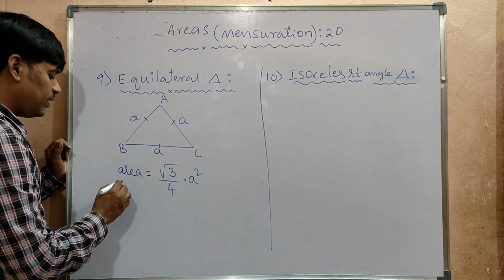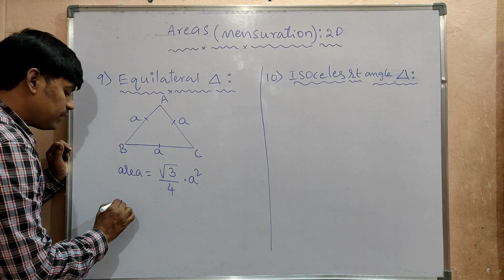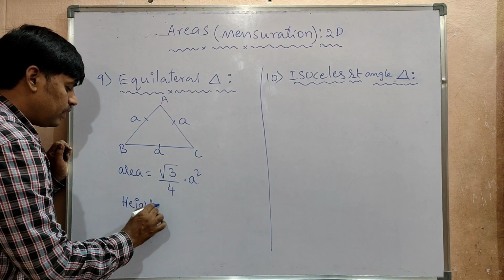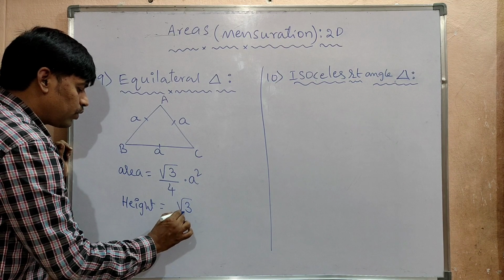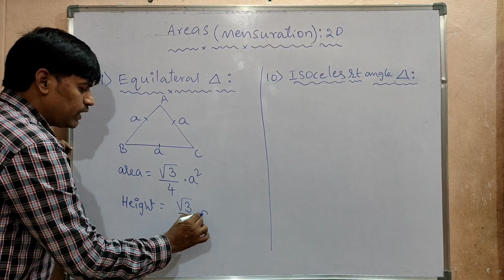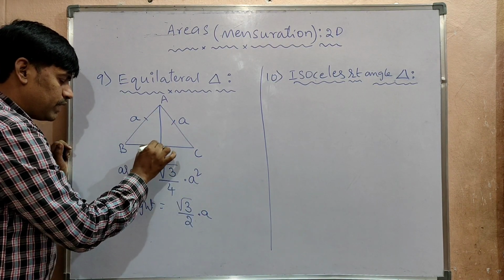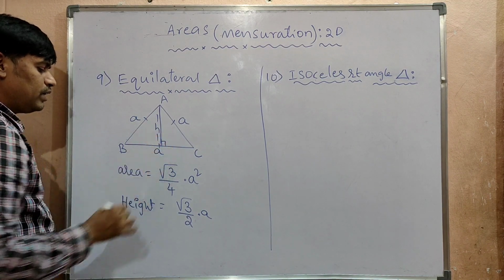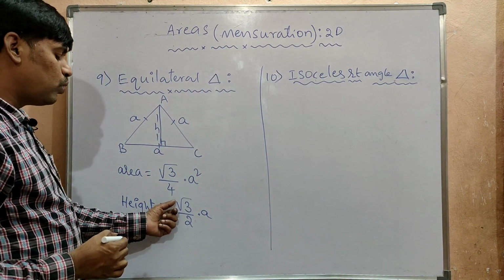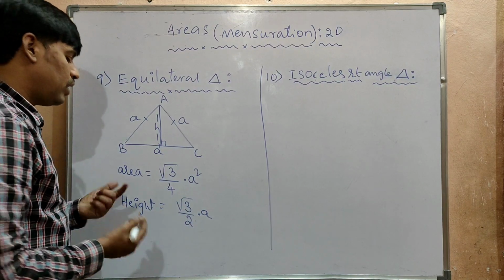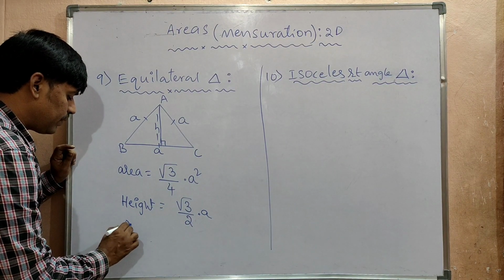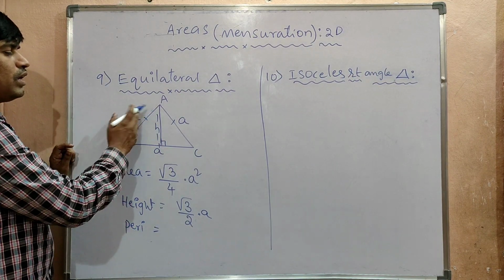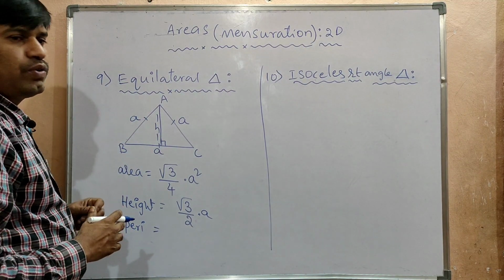Now I am taking the height of the equilateral triangle. The height of the equilateral triangle is root 3 by 2 into a. Now the perimeter of the equilateral triangle: the sum of the lengths around is known as the perimeter.